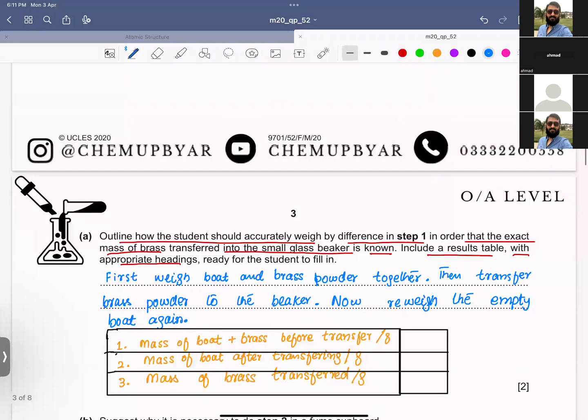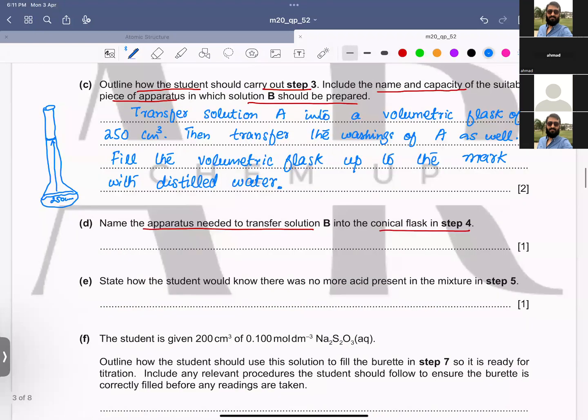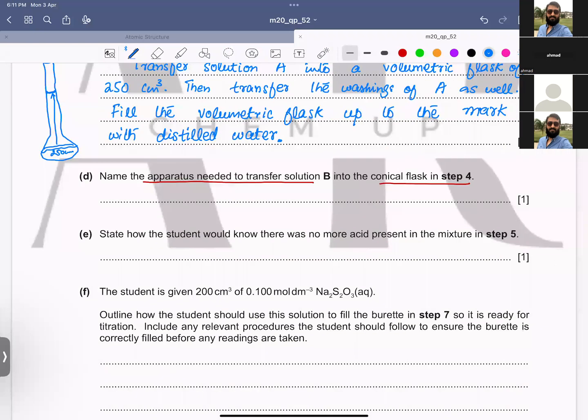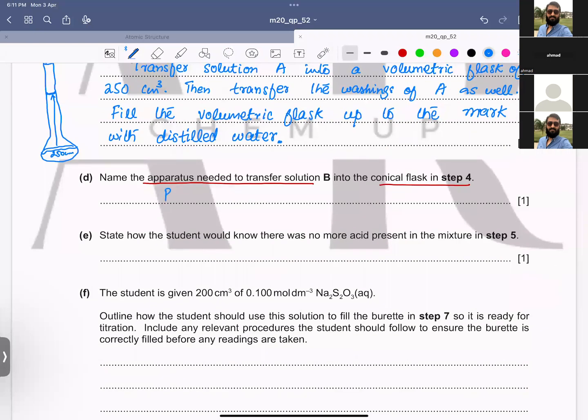Can anybody tell me which apparatus we use to transfer? Pipette, 25 cm³ pipette. We always use a pipette to transfer 25 cm³ of our reagent into a conical flask, and then we add the indicator, and then we add the other reagent from the burette. So here we go, pipette.